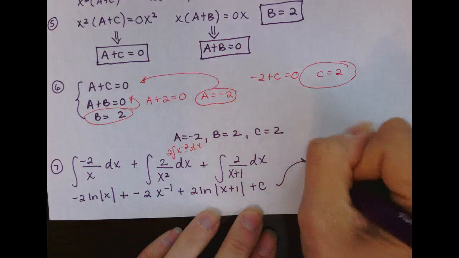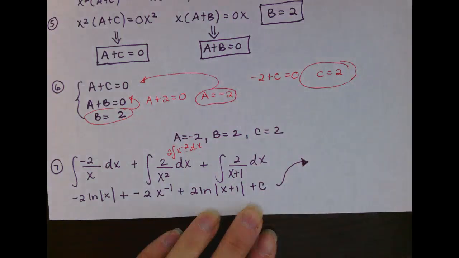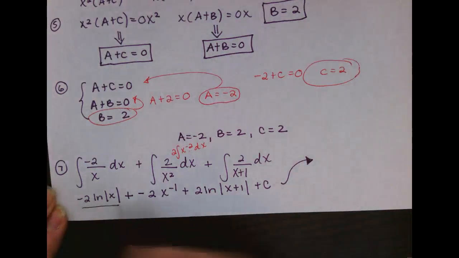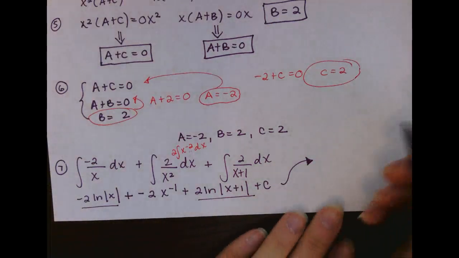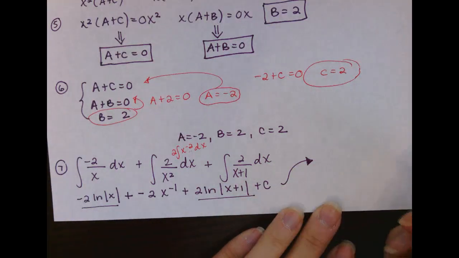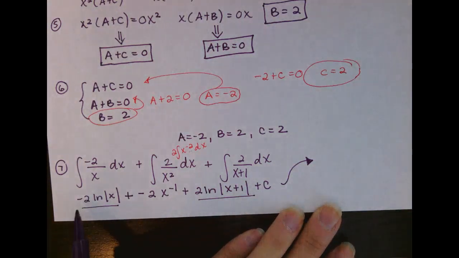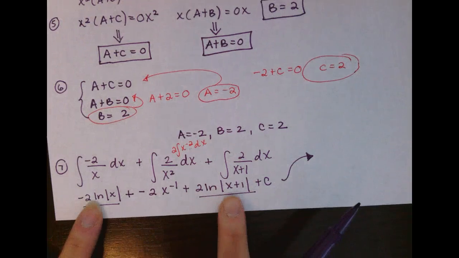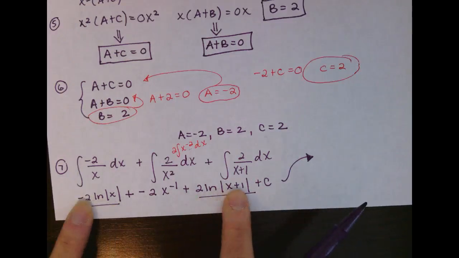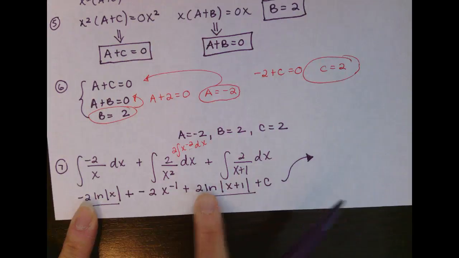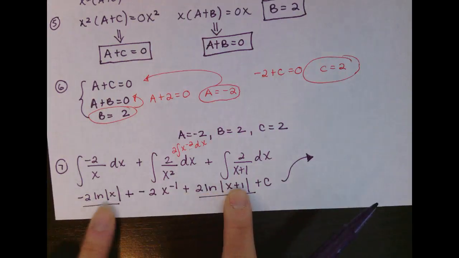Alright, so a couple things that I'm going to do to simplify my terms here. First of all, I've got 2 natural log terms, and I can combine those. So you can think of them in the opposite order, where this one is positive and this one is negative, and so it's really this term subtract this term.